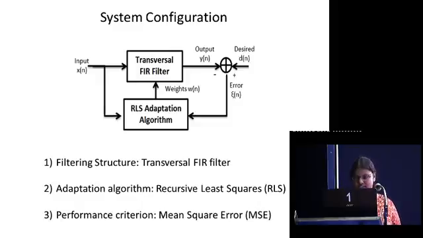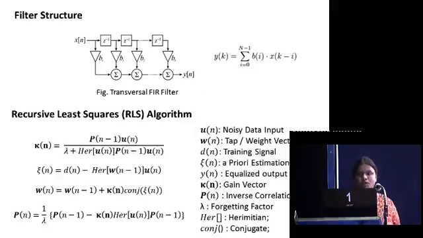Here in this work, I have used a transversal filter, which is nothing but a delay line filter. Why only this? It best suits the multipath kind of environment. So the input is directly multiplied by the tap coefficients, and then the output is generated.